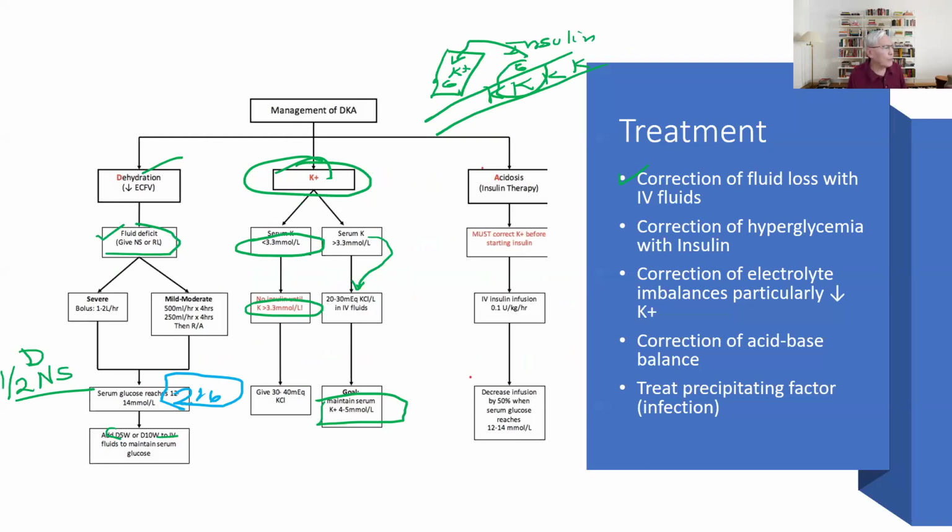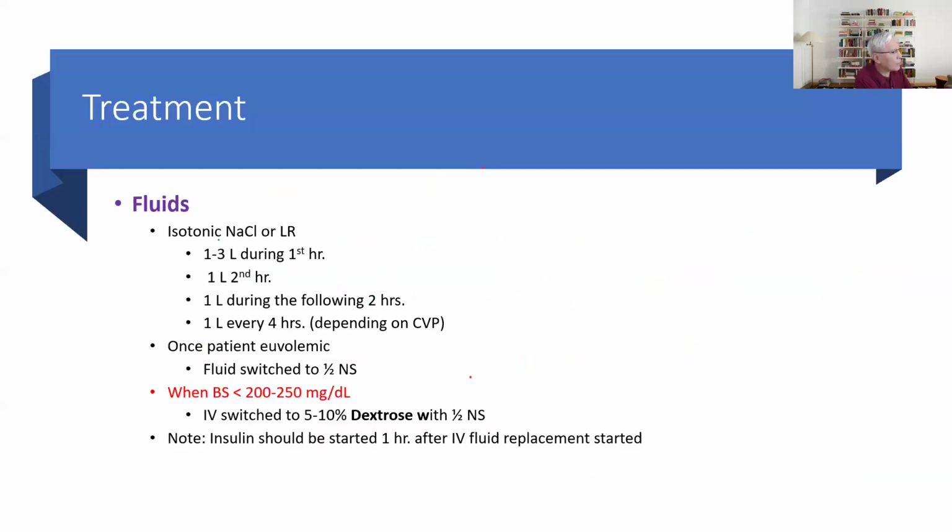So going back to fluids, we said that we're going to give isotonic sodium chloride or Ringer's lactate during the first 3 hours. And once the patient is euvolemic, meaning to say the blood pressure is now stable, we switch them to 1/2 normal saline. Do you understand why we switch them to 1/2 normal saline?